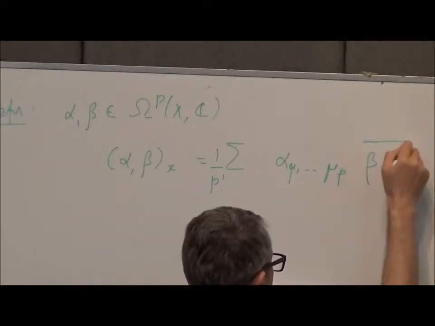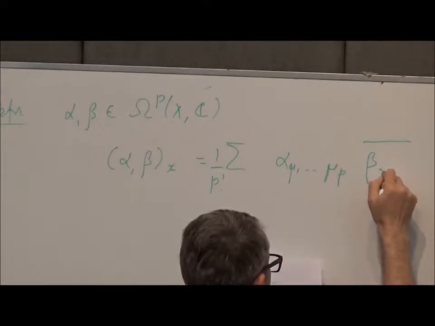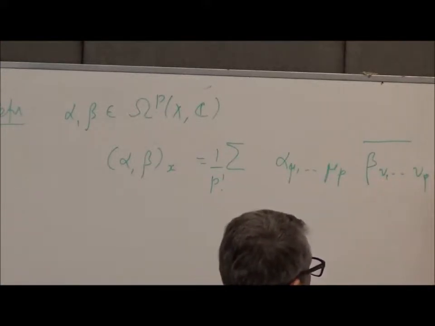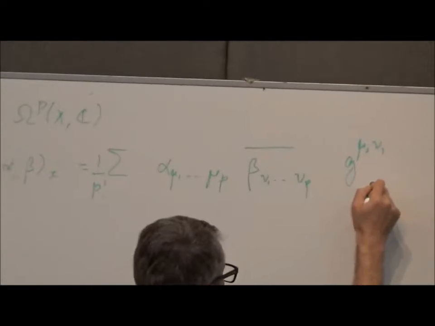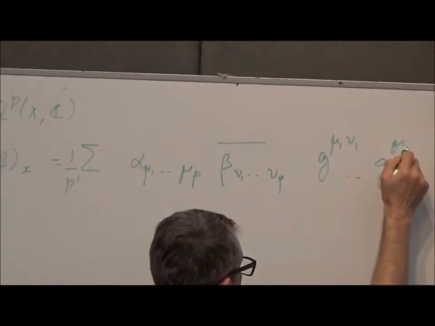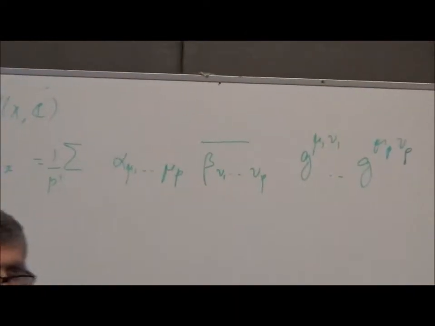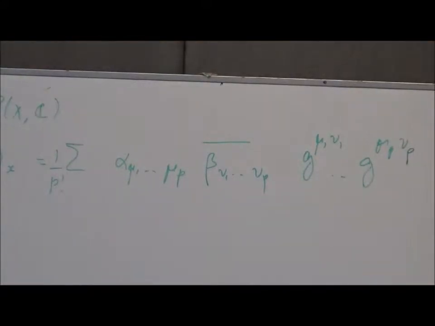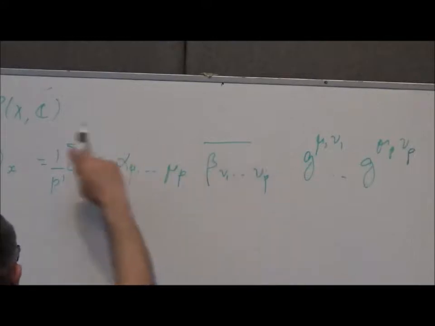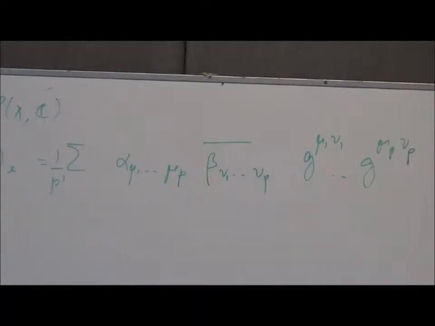And then we take beta bar, so we have u1 to up, and we have g^{u1 u1'} to g^{up up'}. So this is a pointwise scalar product. The bar is there for reasons which will become apparent pretty quickly. It makes sense to have a bar because we are considering complex forms at this point.